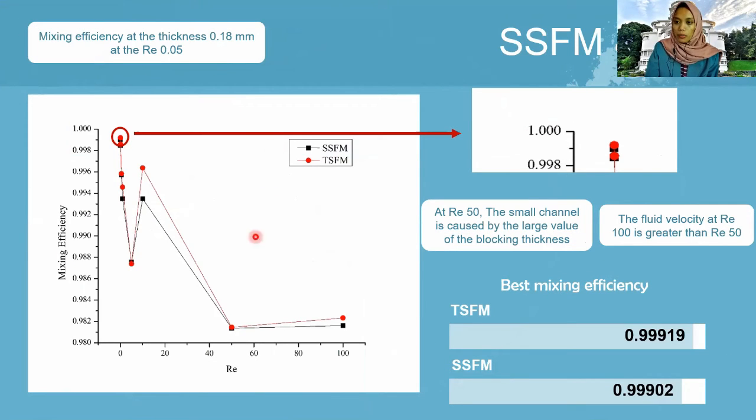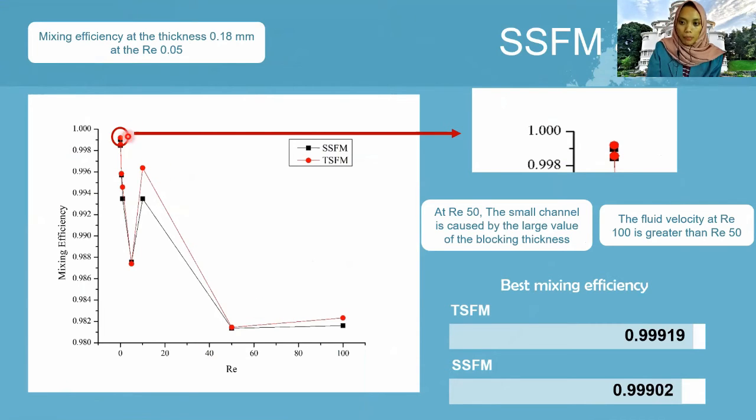This is the comparison of designs SSFM and TSFM for mixing efficiency at thickness 0.18 mm. From this figure, at Reynolds number 15, the small channel is caused by the large value of the blocking thickness, and the fluid velocity at Reynolds number 100 is greater than at Reynolds number 15.